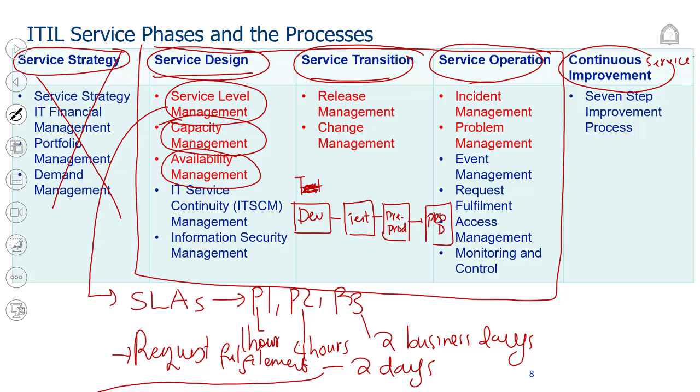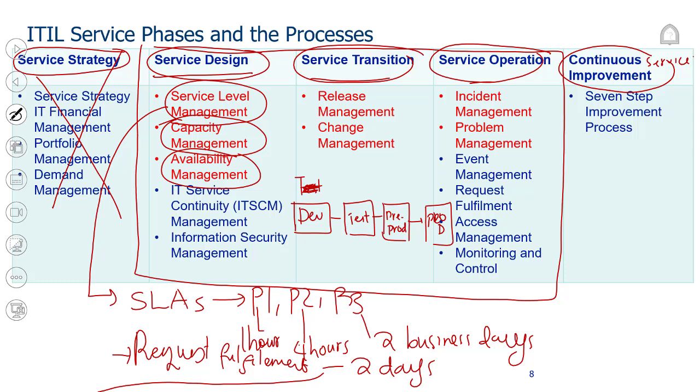Prod, okay? So if you've not encountered this, you may be asking, what are these environments? Environments are just infrastructure which are meant to be used for different things.